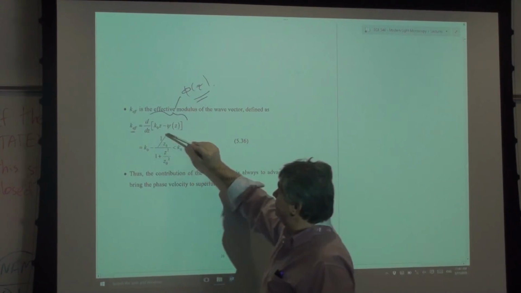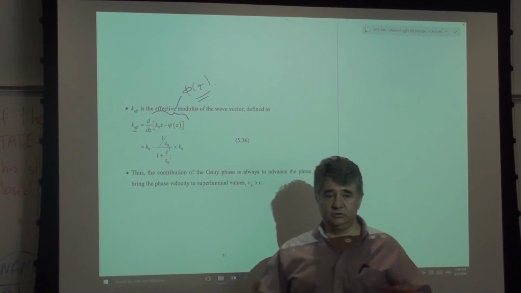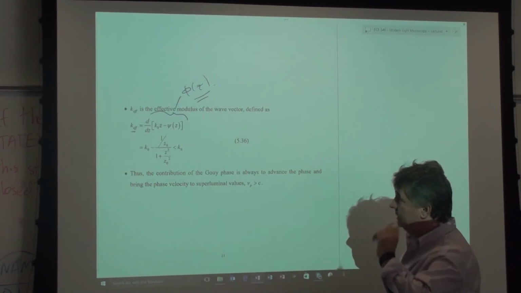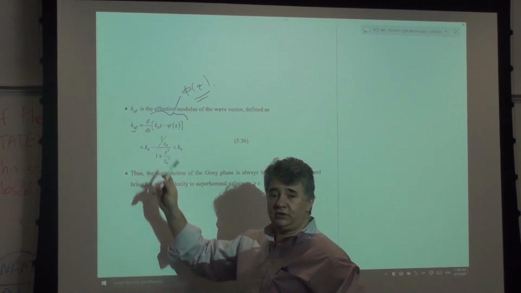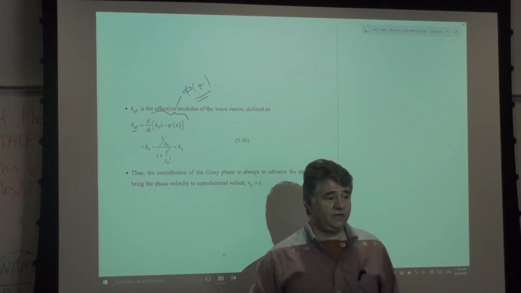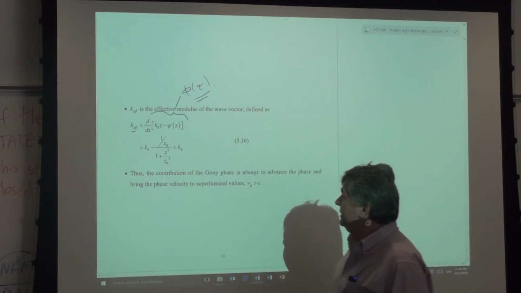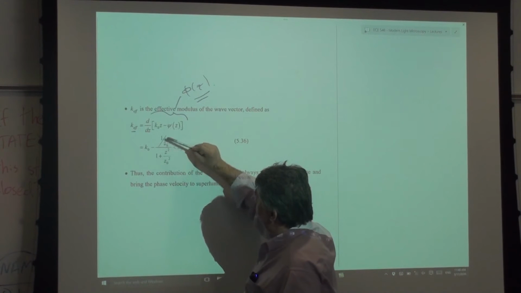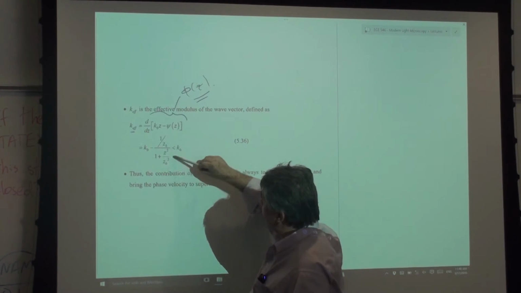If you do that, clearly you get k naught first, which is the wave number of the plane wave. Omega over k naught is going to give you exactly the speed of light in vacuum, by definition. But the interesting part happens here. When you take the derivative of psi of z, you get 1 over z naught, and so on. You get this one.